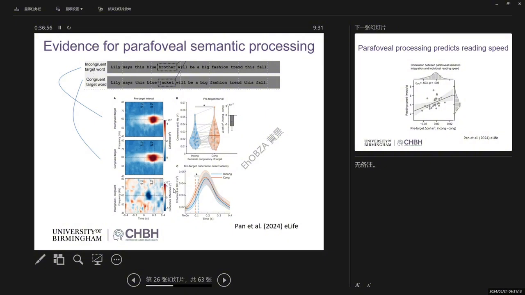And very importantly, we see this signal already 100 milliseconds after fixation on the pre-target word, right? So it happens very fast. It happens so fast that we actually argue that this processing of brother or jacket happens not only when you fixate on blue, but probably when you fixate on the words even before that, right?